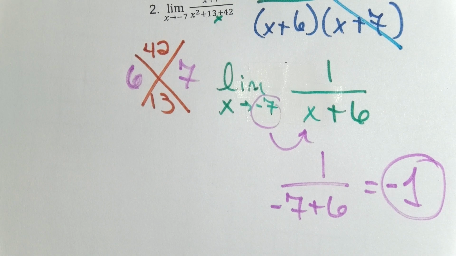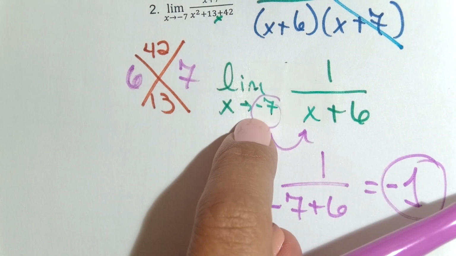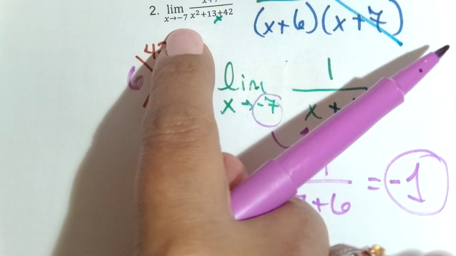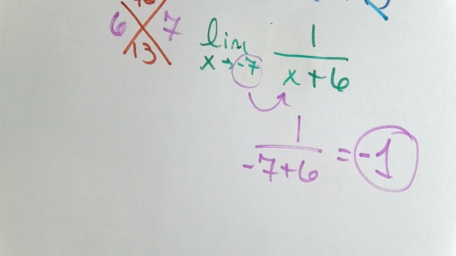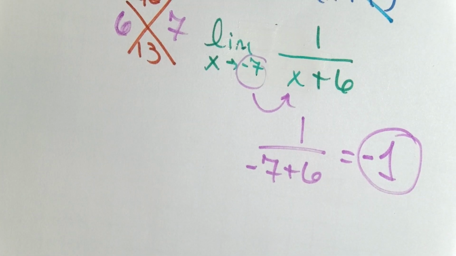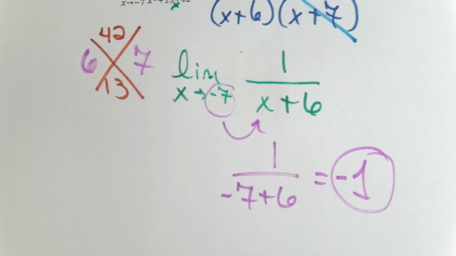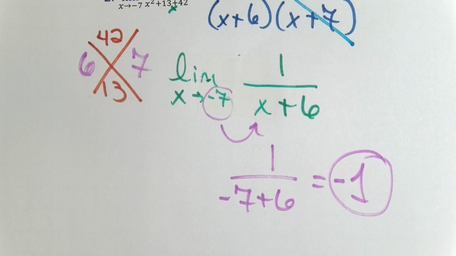Where's the -7 come from? Right here. Yeah, where did that come from? Right here. Oh. Okay? See it? Okay, go to the next one. Are we sure? I'm waiting.